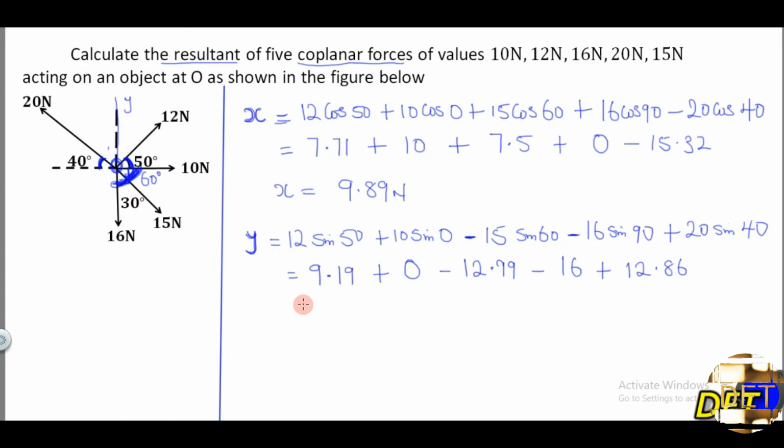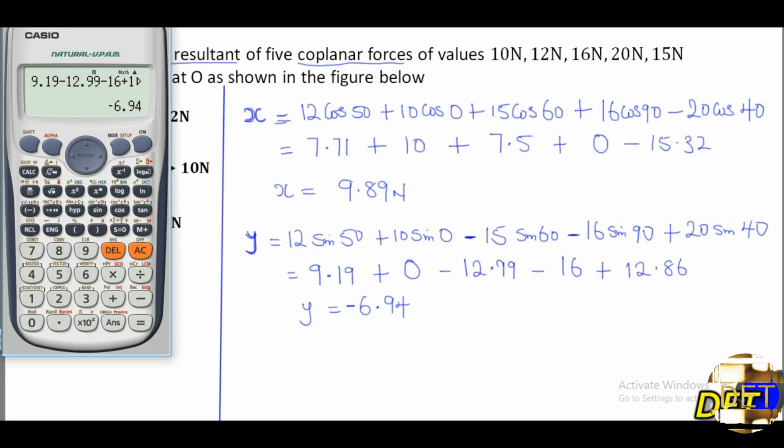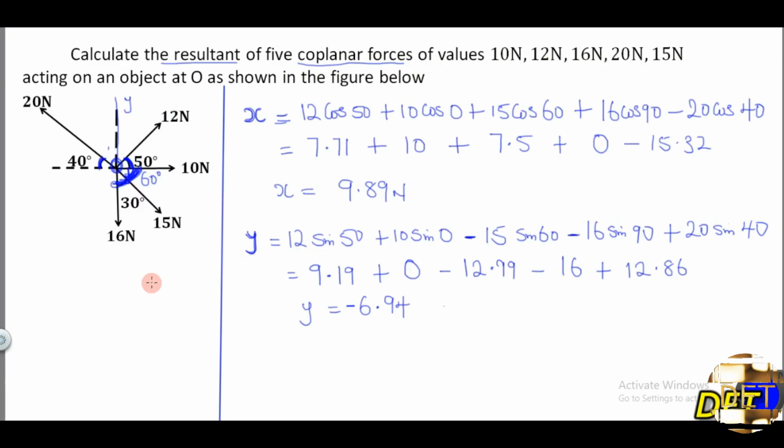So my vertical component is equal to what? Minus 6.94, right? So what I have in essence is a horizontal component and a vertical component, right? And the resultant will be represented by this. So this is my horizontal force, which is what? 9.89 Newton. And this is my vertical force, which I've gotten to be minus 6.94.